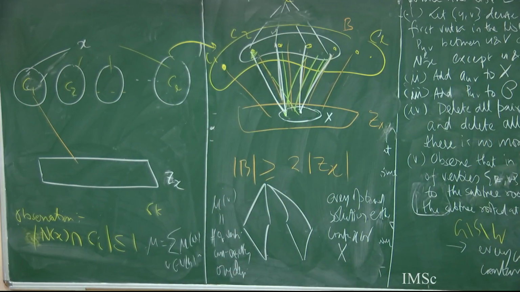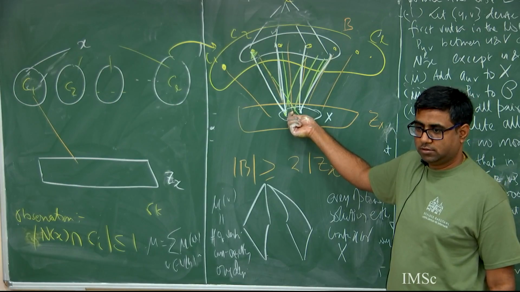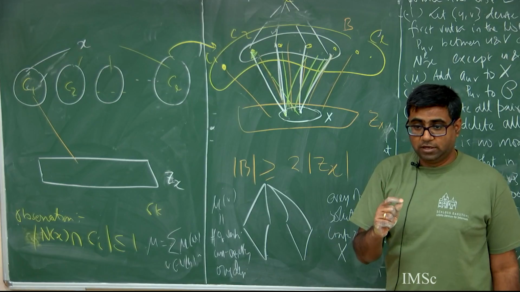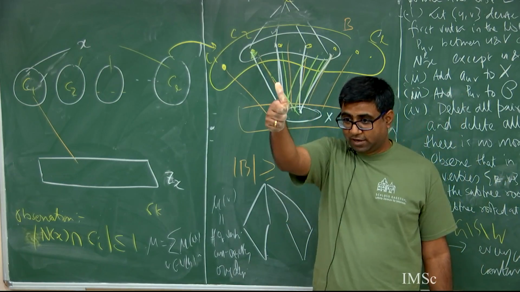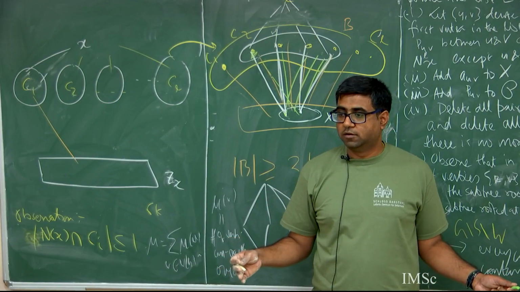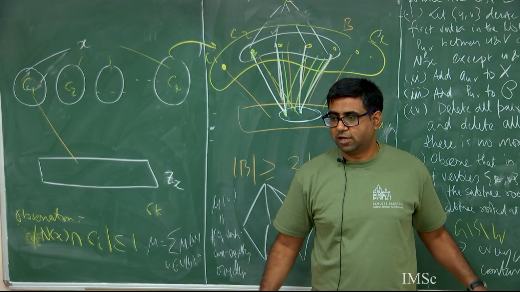And I am claiming to you this definitely decreases, because these guys you are adding double edges, but from here you are at least deleting one edge. So the number of vertices with exactly one edge to you is decreasing. So you can show that this measure decreases all the time, so this process cannot happen forever.